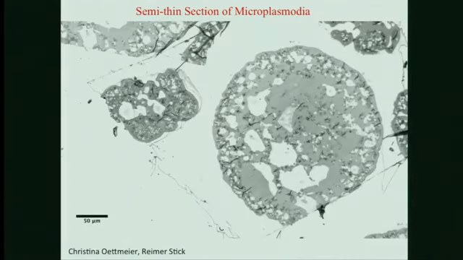We see this here in a thin section of microplasmodia. So ignore those artifacts. These are shear induced from the cutting. You see that there are internal channels and more external ones.